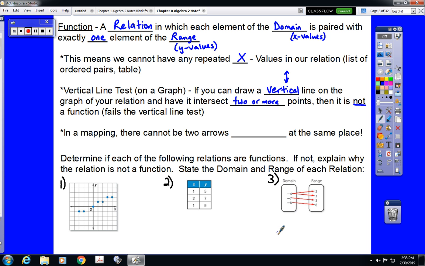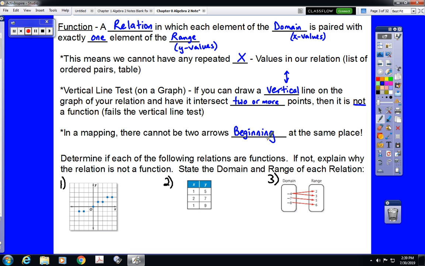Okay, and we would say that that fails the vertical line test. In a mapping, the way that we tell is there cannot be 2 arrows beginning at the same place. If there are 2 arrows starting from the same place, it is not a function.